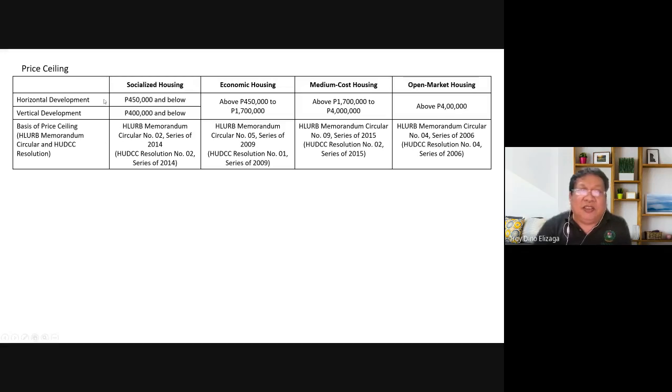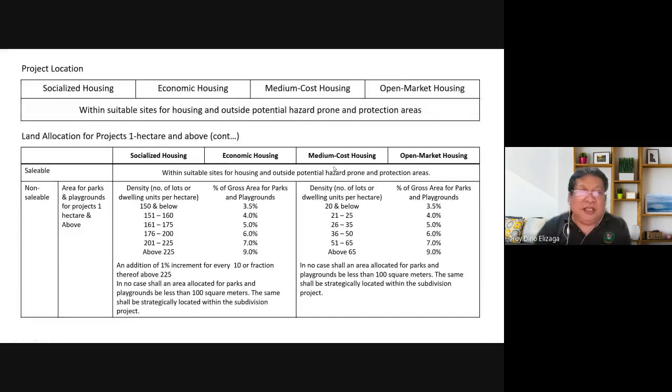So ours is horizontal development, that's subdivision. Vertical development would be your condominium. So we're talking about houses built at a cost of more than 4 million. Okay, 4 million. And then there's the basis for these selling prices, so that we should concern ourselves with that.